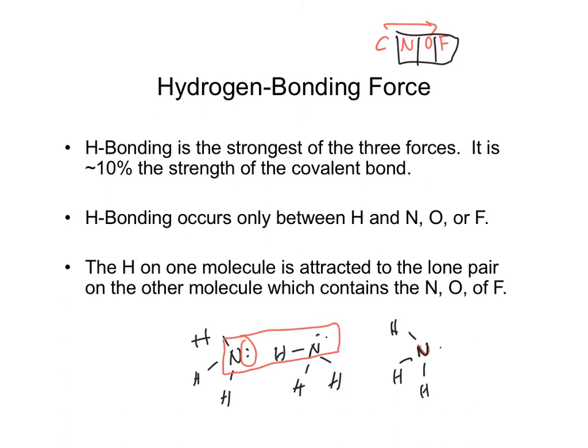So the lone pair becomes a bond, and then nitrogen gets the lone pair. Have I got all the atoms there? Yes, I do. Okay, so do you see what's happening?